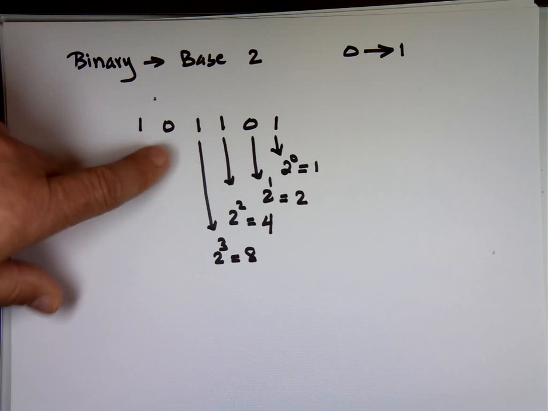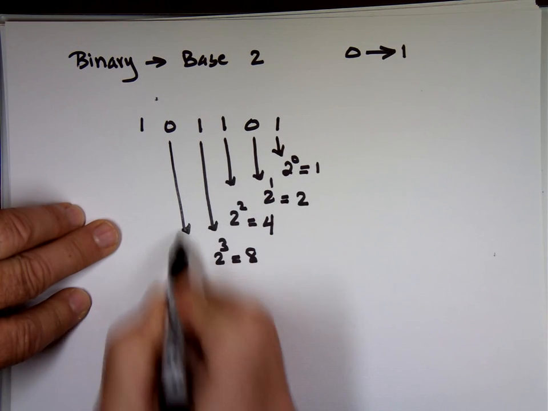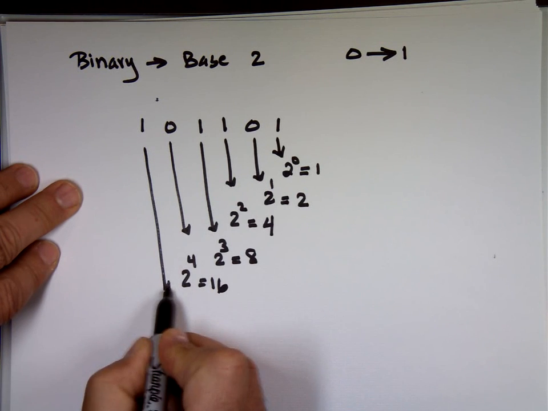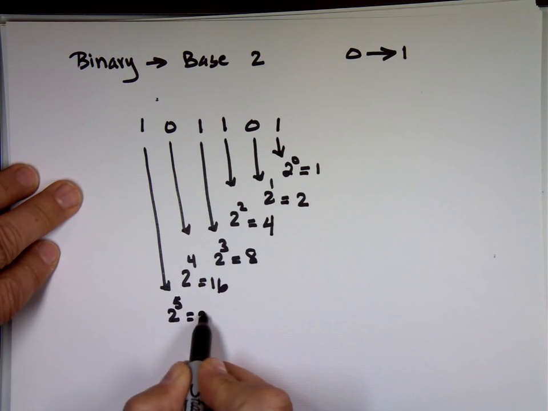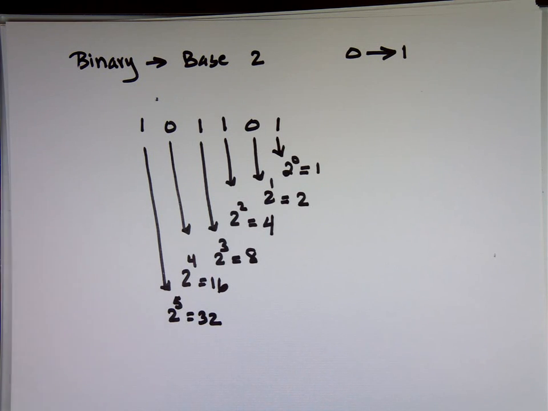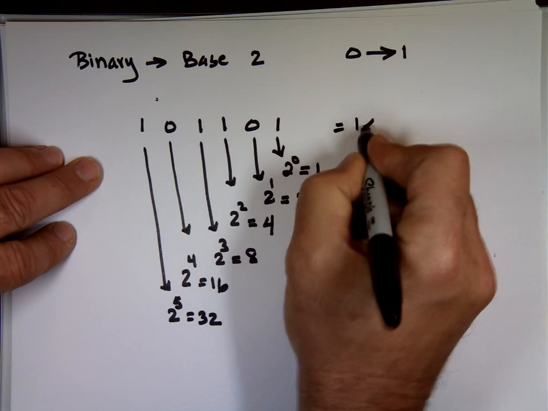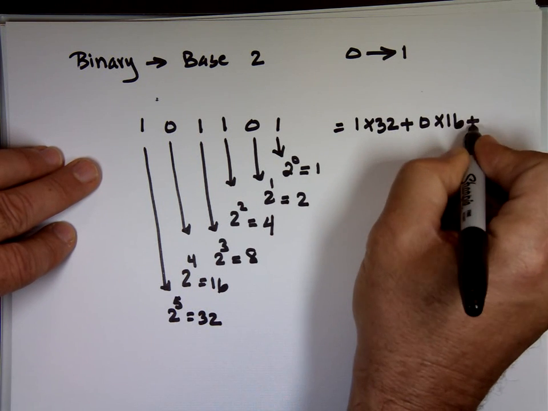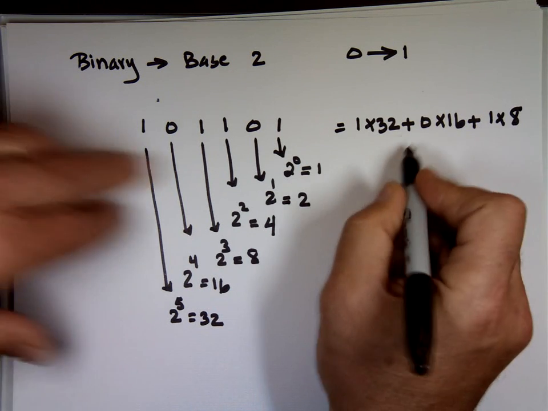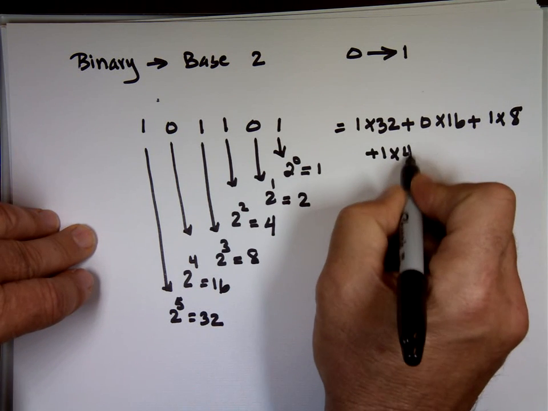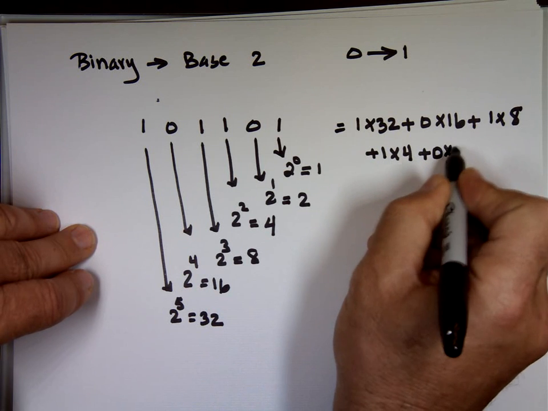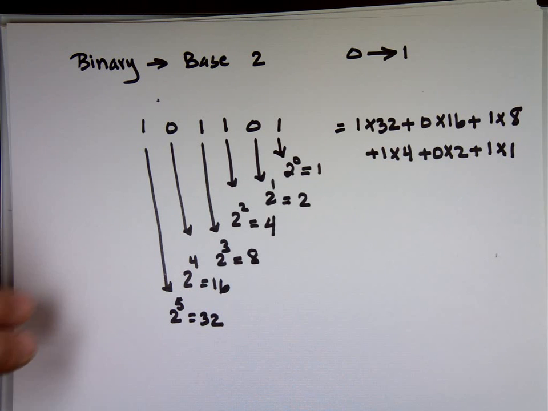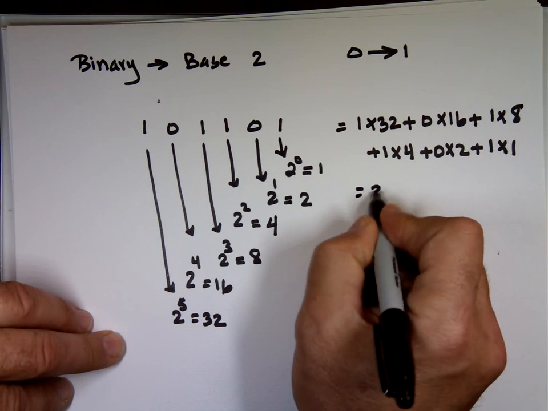But now if you have another digit, this becomes what? That's 2 to the 4th, which is what? 16. And the last one, 2 to the 5th, which is 32. So the value of that number in you and I, in our language, that's 1 times 32 plus 0 times 16 plus 1 times 8 plus 1 times 4 plus 0 times 2 plus 1 times 1. 1 times 32 is what? 32.